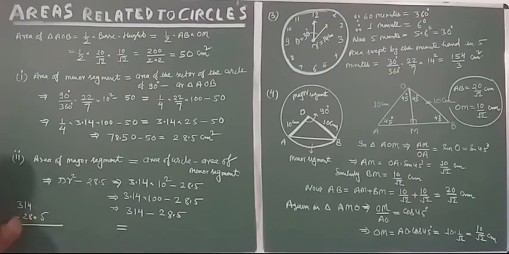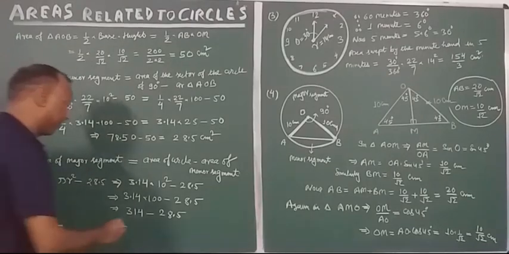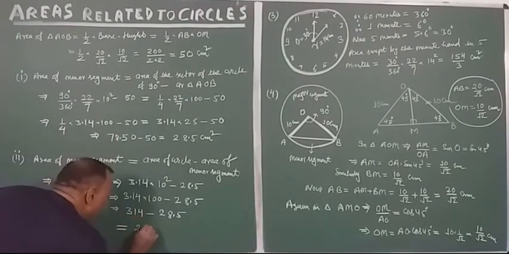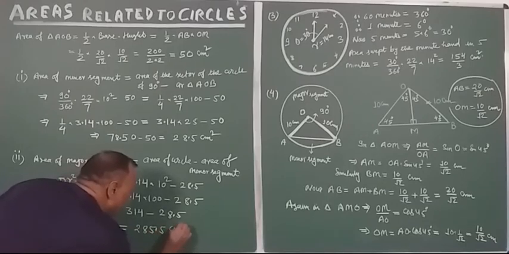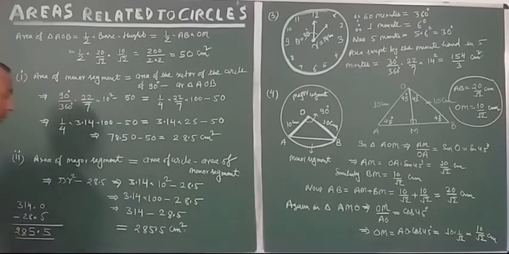Subtract it. Here is nothing, put a 0 here. 10 minus 5 is 5. This will become 3. 13 minus 8 is again 5. And this will become 0. So this is 285.5 centimeter square.